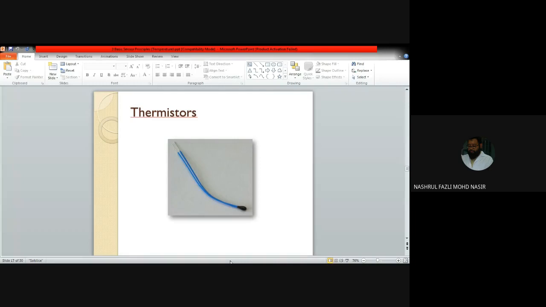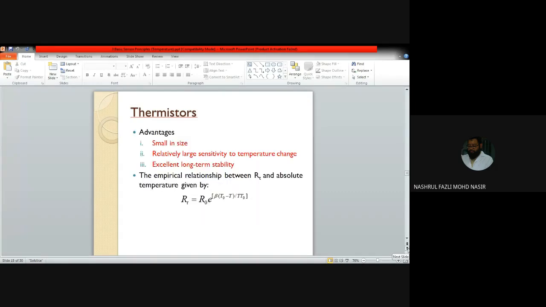Thermistors use ceramic. Although this is just a simple differentiation, it will help you understand how these sensors work. Advantages: it is quite fast, it tells you about the advantages in the beginning.